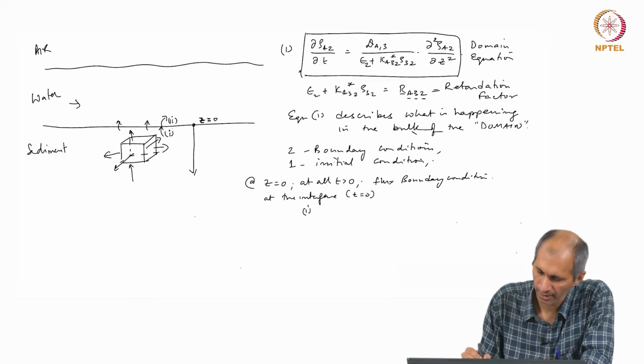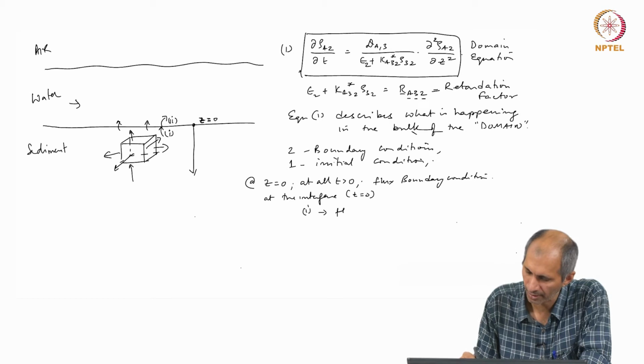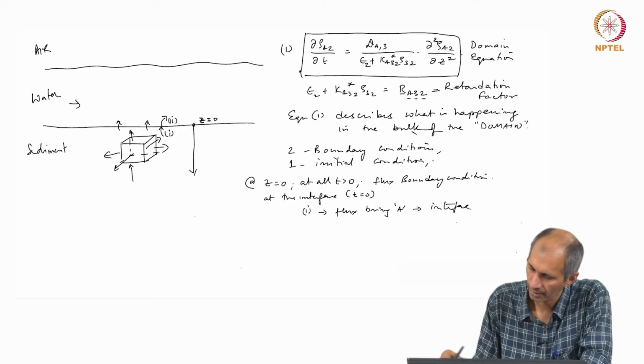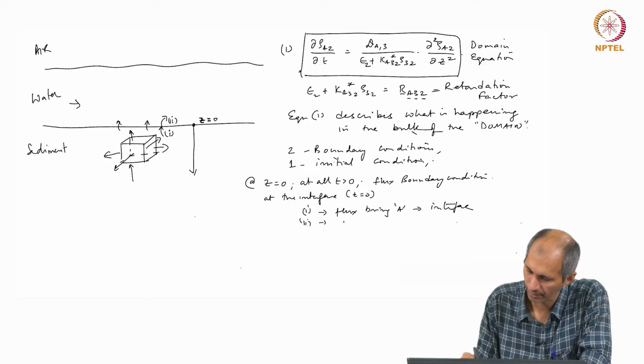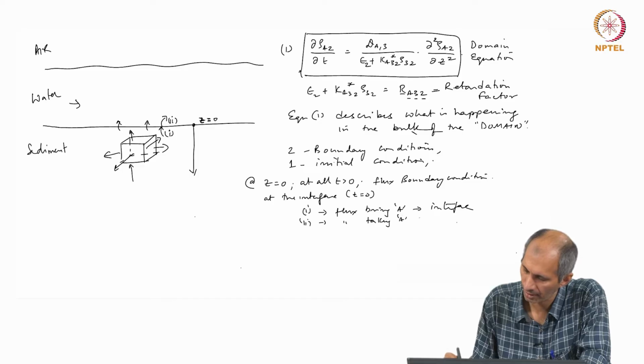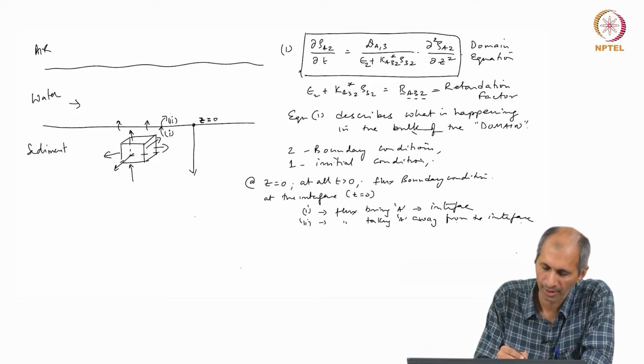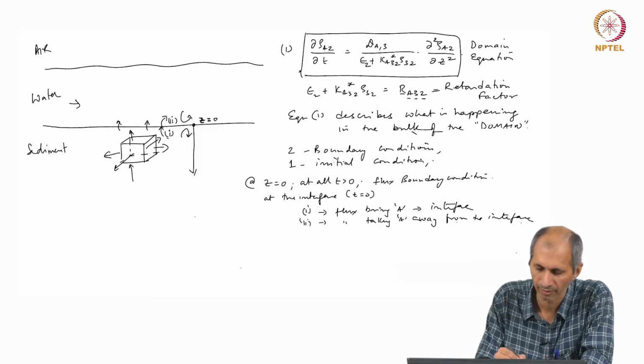One is the flux bringing A to the interface, and 2 is the flux taking A away from the interface. So some transport process is bringing material to the interface, and another transport process is taking it away from the interface.